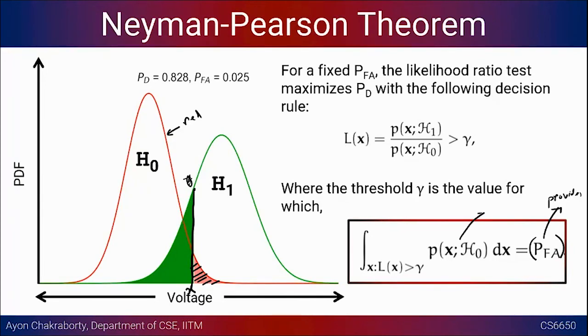The model is provided because you already have an idea about the null hypothesis and have already fitted the model, be it Gaussian or any other PDF, that is a given model. All you want to do is solve for x: from where should you start the integration such that the value is PFA? This will give you the maximum value of PD.